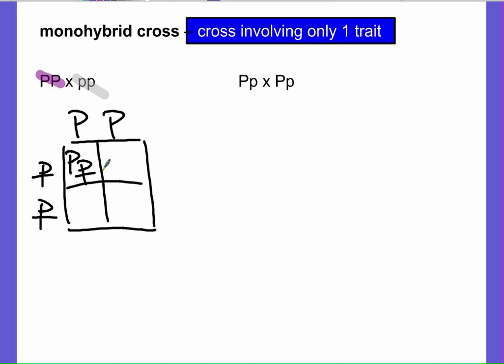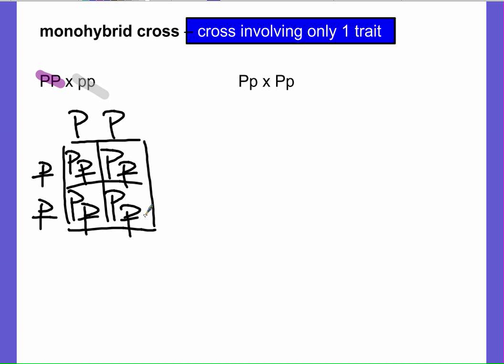For that first square, I'm getting a capital and a lowercase, one from each parent. I get a capital P for both of these first 2 boxes, and a lowercase p filled through for both of those boxes.